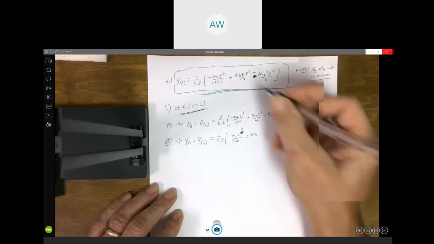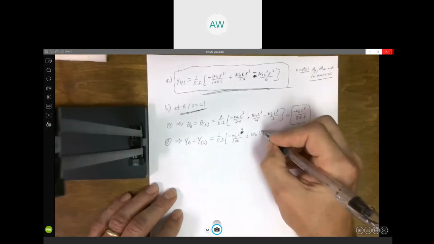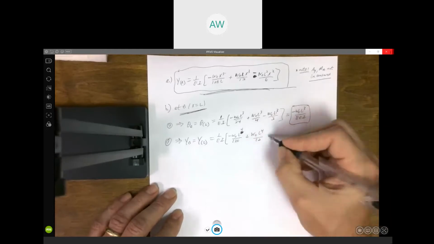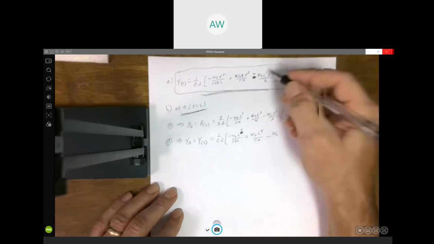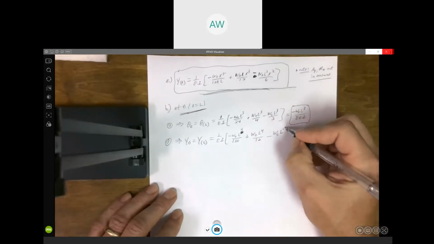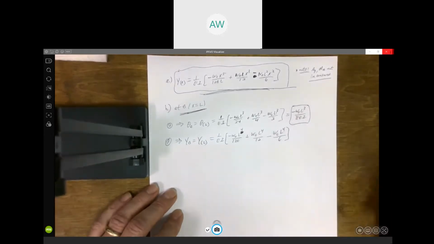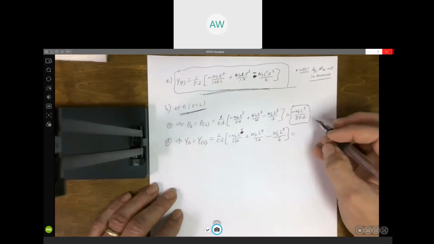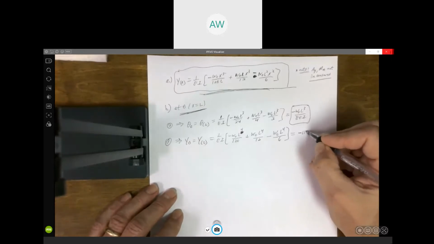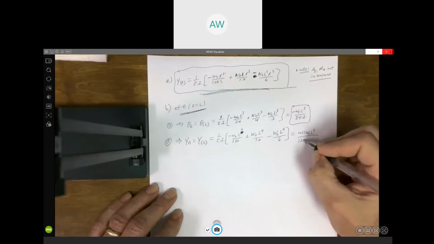W naught L times L cubed is L to the 4th over 12. W naught L squared times L squared is L to the 4th over 6. Again, those are all similar terms. You can get a common denominator. I got minus 11 W naught L to the 4th over 120 EI.